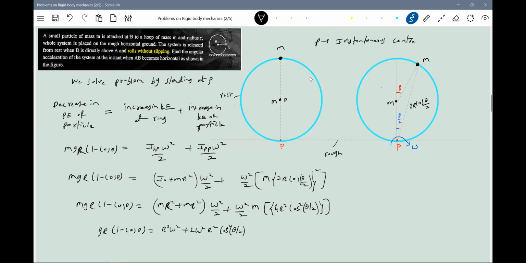Then from there I'll bring in the alpha. g into (1 minus cos theta) equals omega square, I'll take outside, times (1 plus 2 cos square theta by 2) with the r's adjusted.